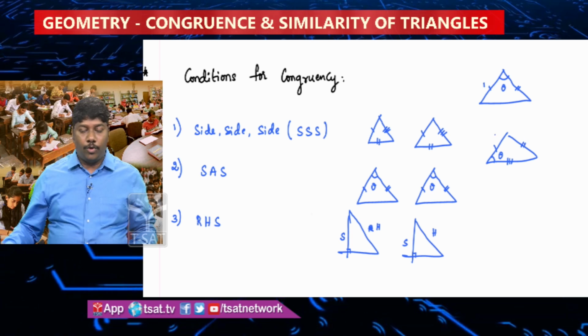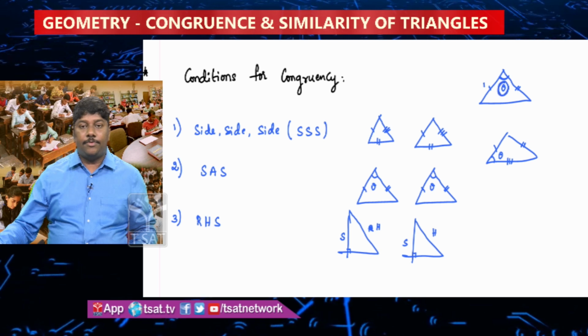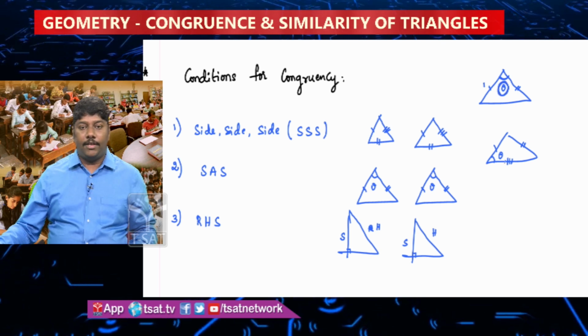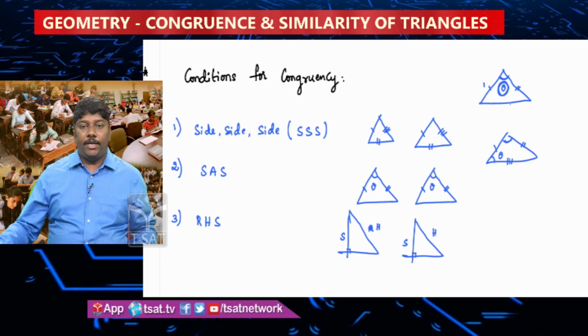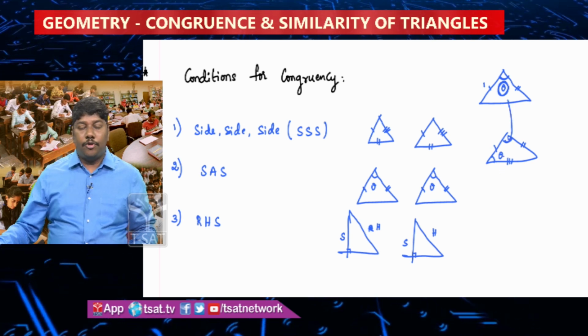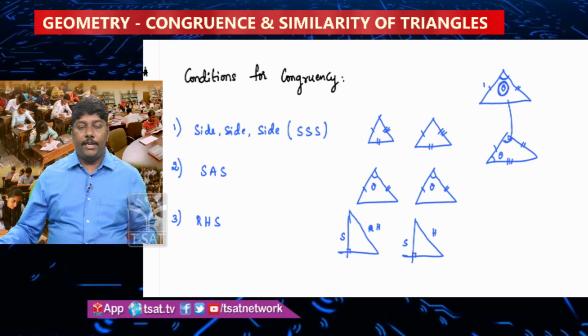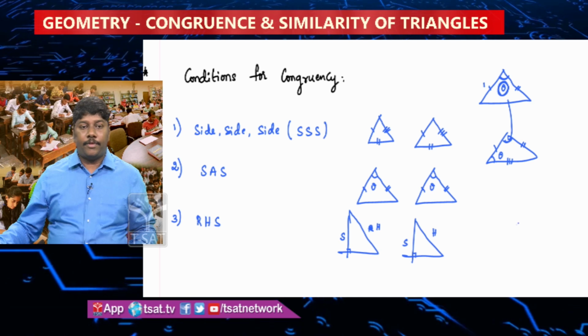Here two sides are equal, but their respective angle is not equal. This is in between 1 and 2, this is in between 1 and 3. So here I want this angle to be equal to theta, not the angle which is in between 1 and 3. So make sure the corresponding or respective angle must be equal in the case of SAS.